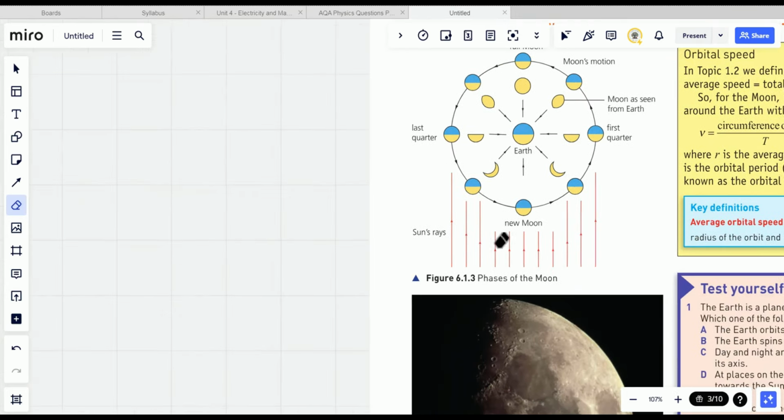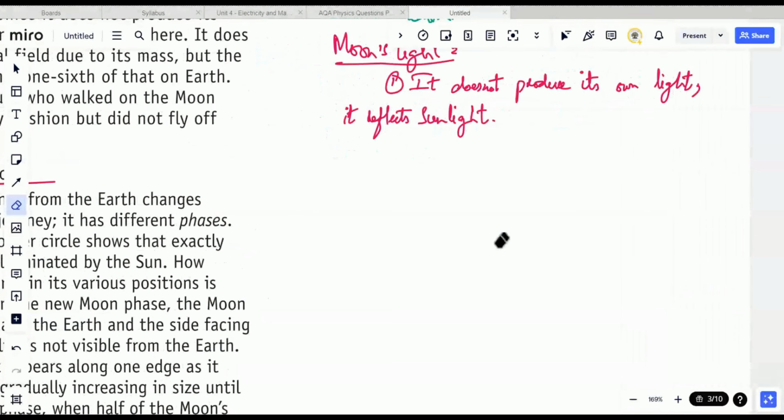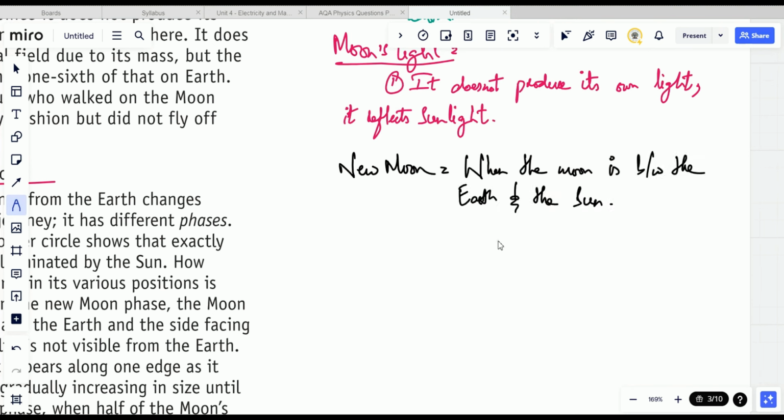Okay? So let's write it down. New moon. When do we get it? When the moon is between the Earth and the Sun. This is when we get the new moon.